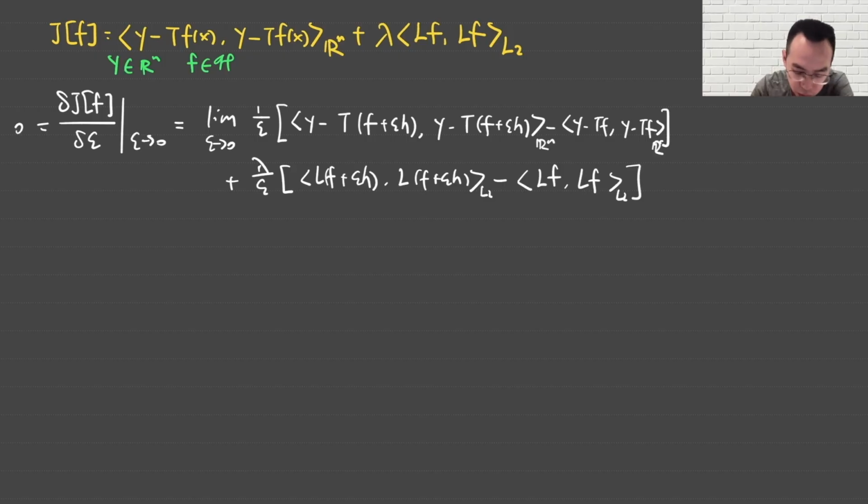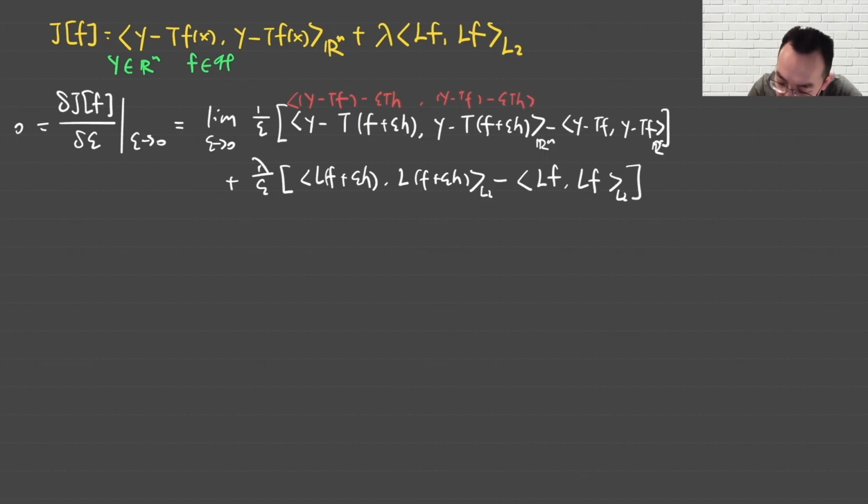Because we have the inner product in all of this, that means all the operations we are doing here are linear. So we can rewrite these things, and for example the first term becomes the inner product of y minus T f minus epsilon T h with y minus T f minus epsilon T h.